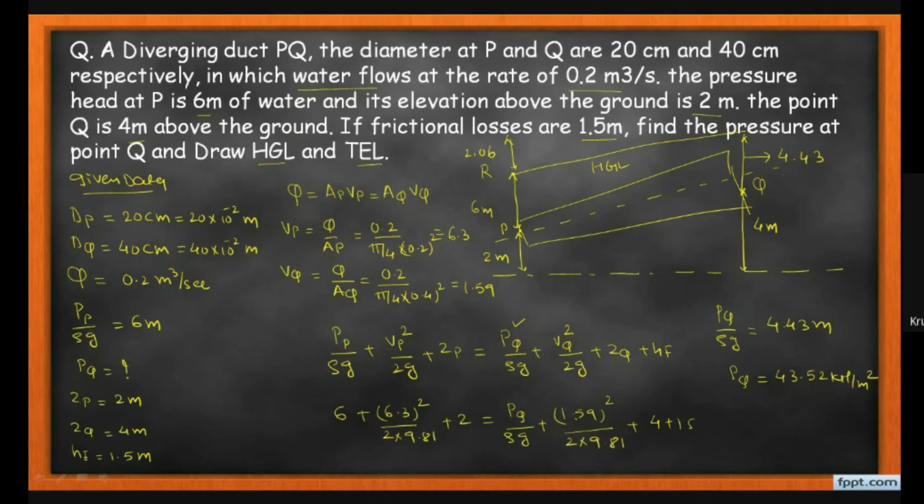And again we need to go over here. For Q we have 1.59 whole to the power 2 divided by 2 into g, that is 9.81, so we get 0.12. So here we go with 0.12, and this line is called the total energy line.